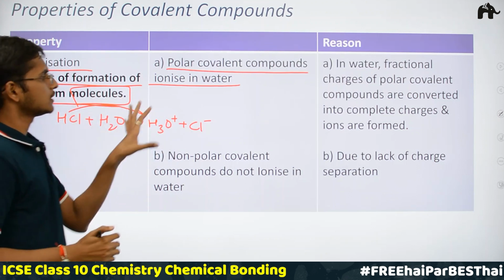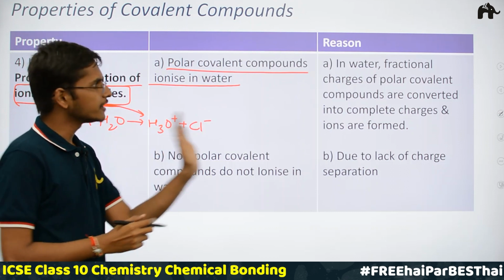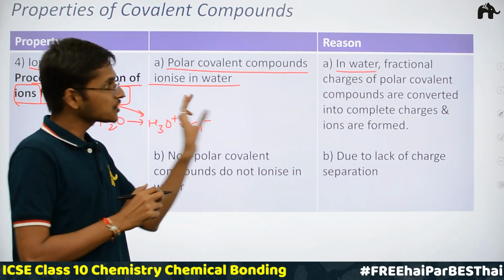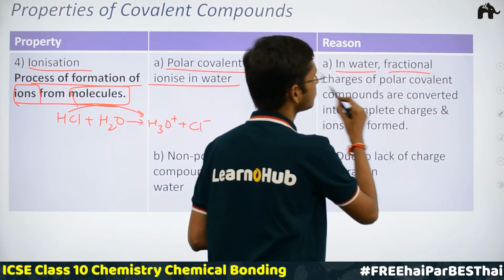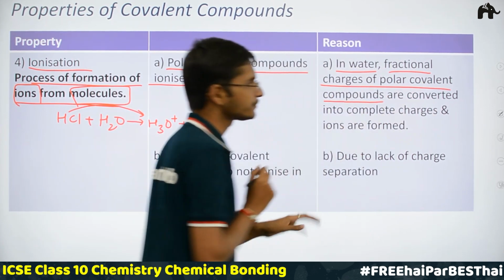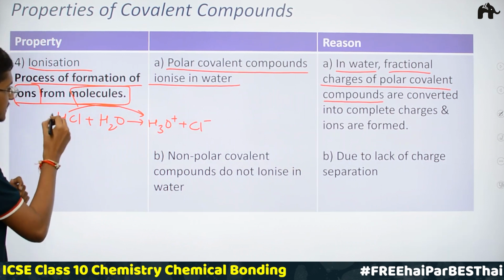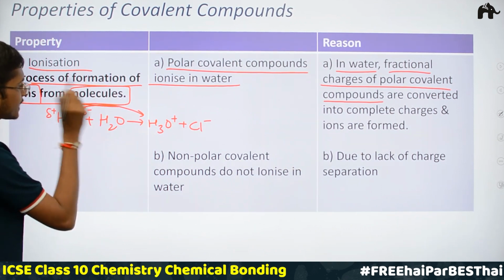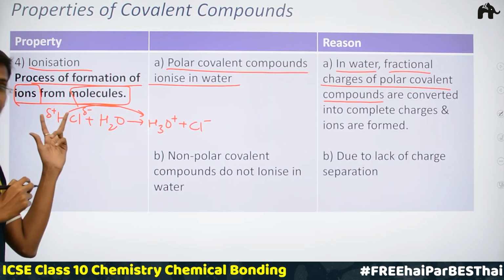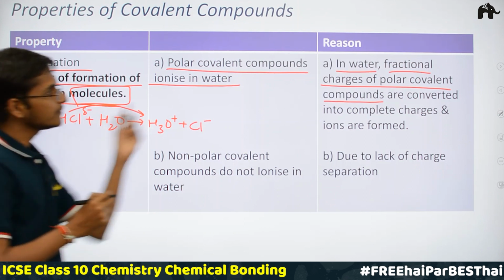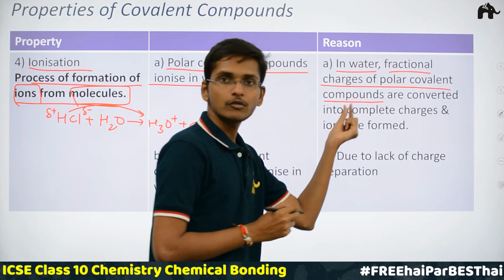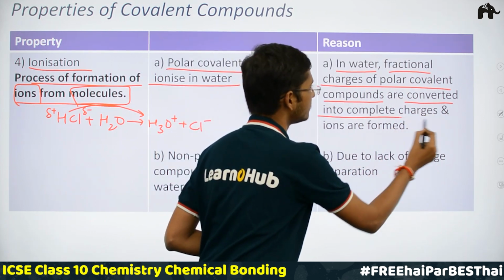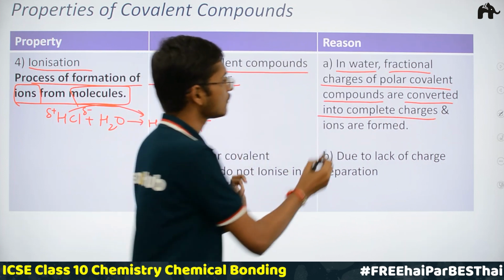Now why is this happening? Very simple. What happens in water? The fractional charges of the polar covalent compounds we already know. HCl has a fractional, meaning slight, positive charge on hydrogen, and chlorine has a slight negative charge. These slight charges of polar covalent compounds are converted into complete charges and the ions are formed.